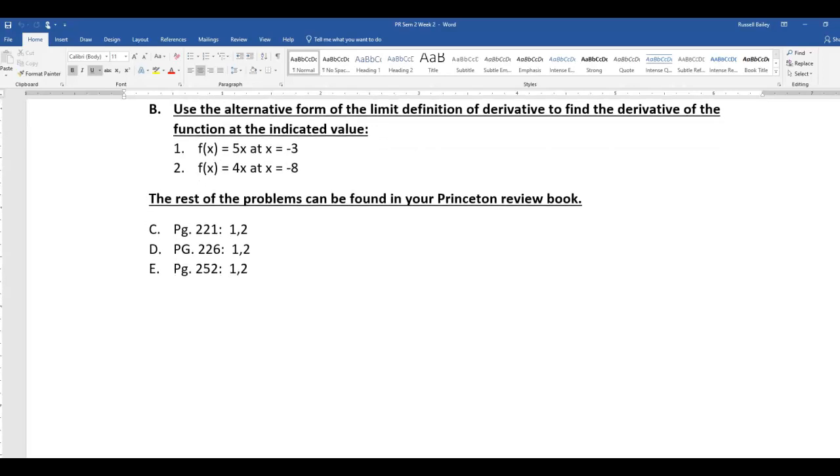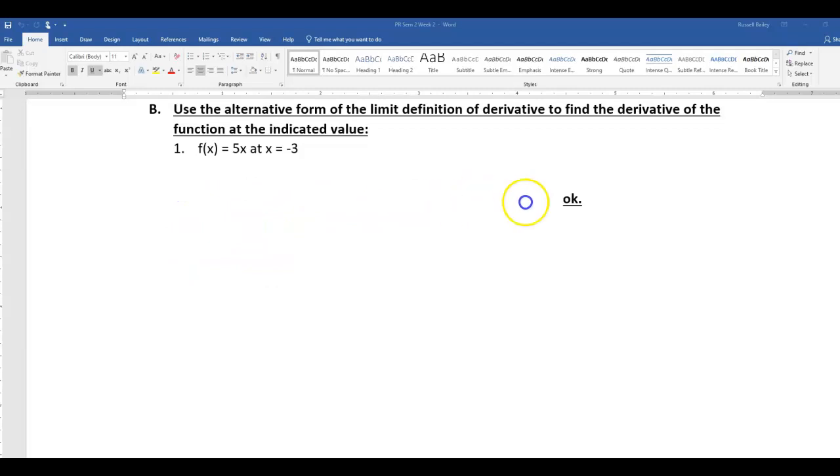On the next set here, part B, I will do the first one once again, and I'll let you guys do the second one. Now this one's asking us to use the alternative form of the limit definition of a derivative. We use that anytime they're asking us to find not just the derivative, but the derivative at a specific point, in this case x equals -3.